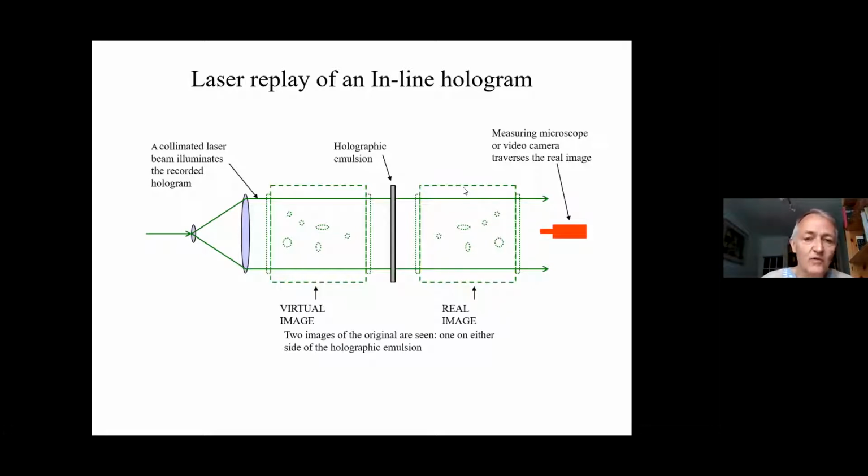So if you know that all your objects are located exactly here, then you might as well use a microscope. If you don't know within a large volume in depth where they are, then you can't do that. You can if they're static, but if they're moving, like plankton, or if they're transient, like bubbles, that simply doesn't work. And that's the reason for making holograms by this technique.